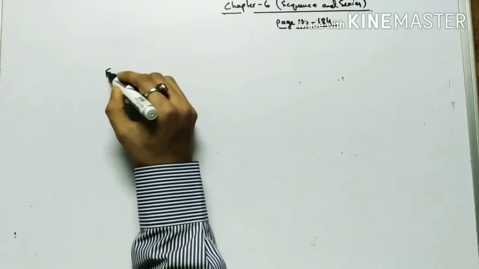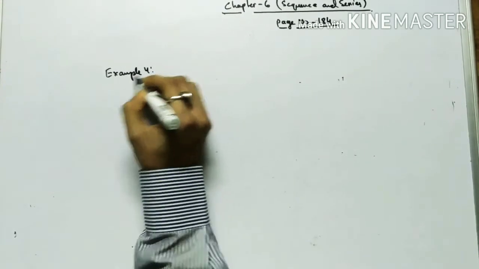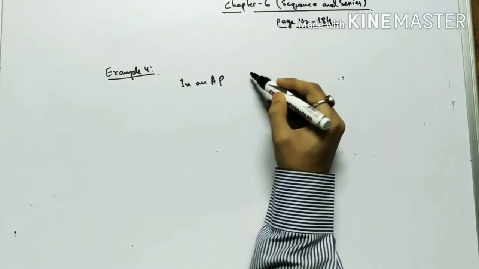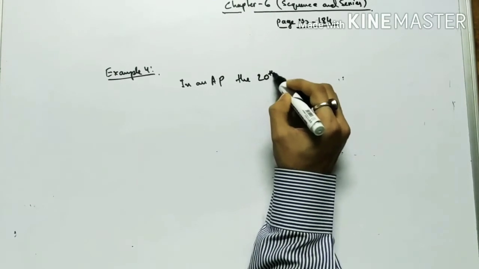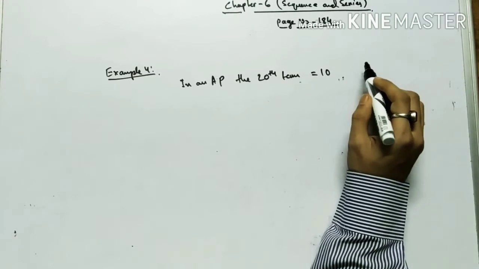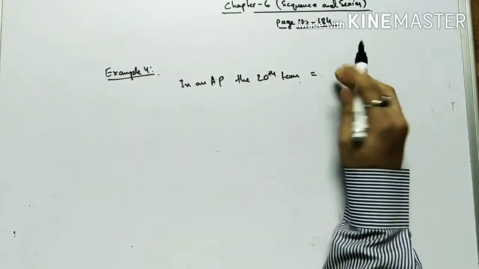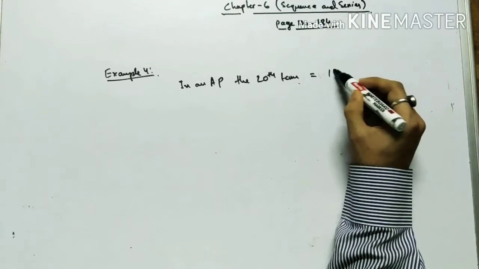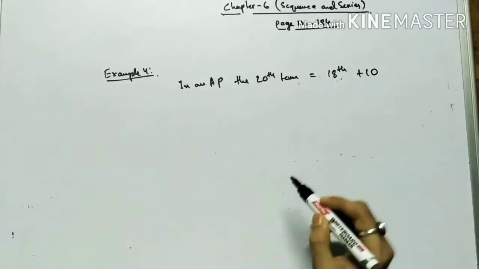Next you see, I will go to example 4. Example 4 says that in an AP, the 20th term is given as 10 more than the 18th term.